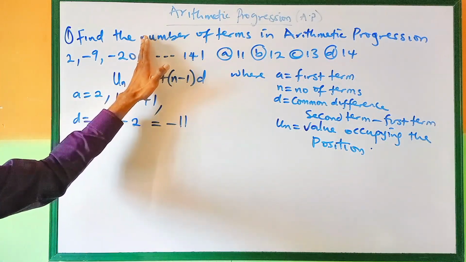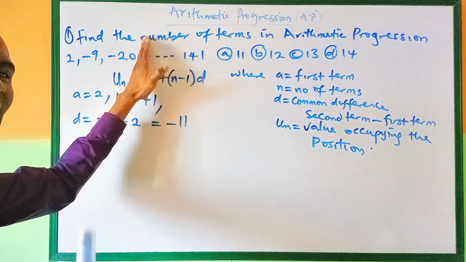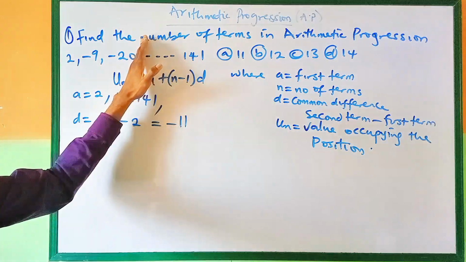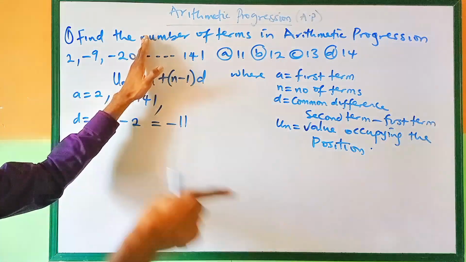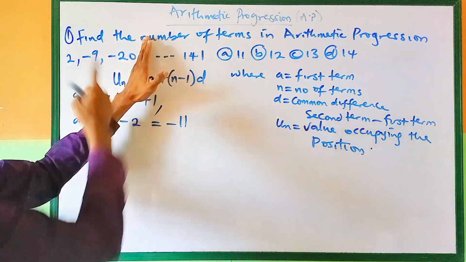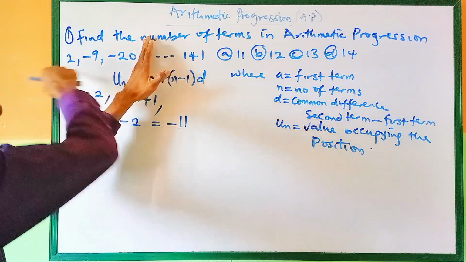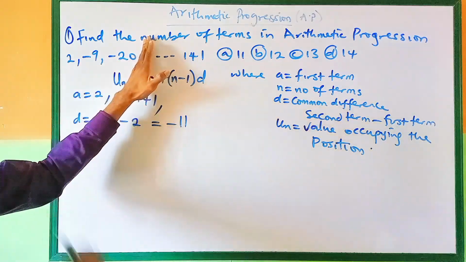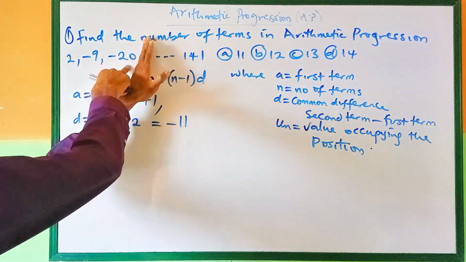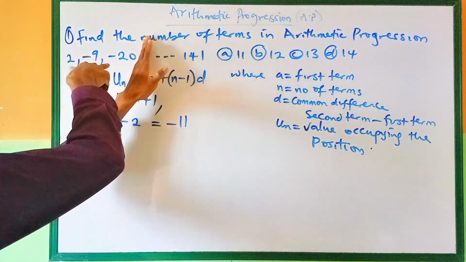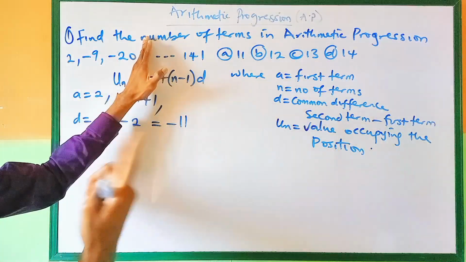If a question had said find the third term of an AP, they are simply asking you to find the occupant of the third position, which is also the last term if you are doing 3 terms. So the occupant of this third position is also the last term for n equals 3.